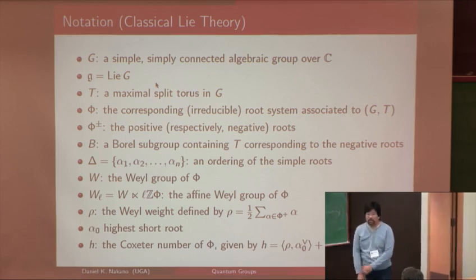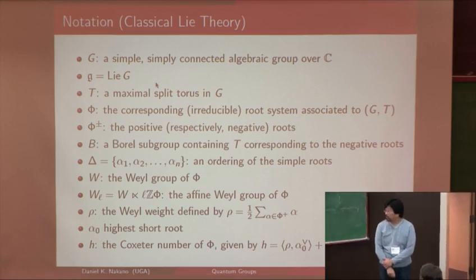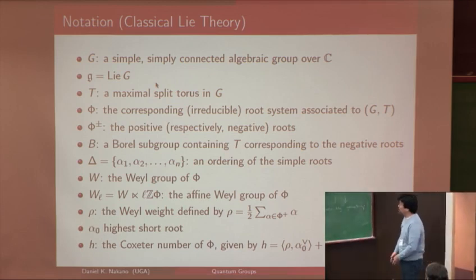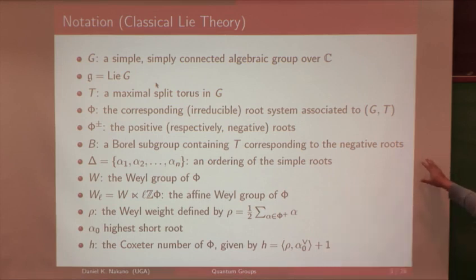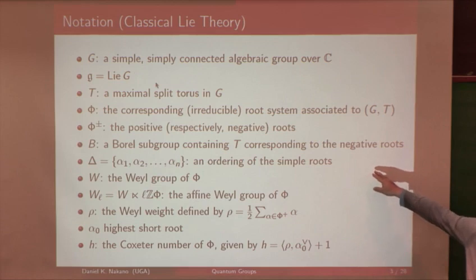Phi plus and minus denote the positive and negative roots. The Borel containing T will correspond to the negative roots, which is the convention used in Jantzen's algebraic groups book. Delta will be an ordering of the simple roots, and W will be the Weyl group of phi.